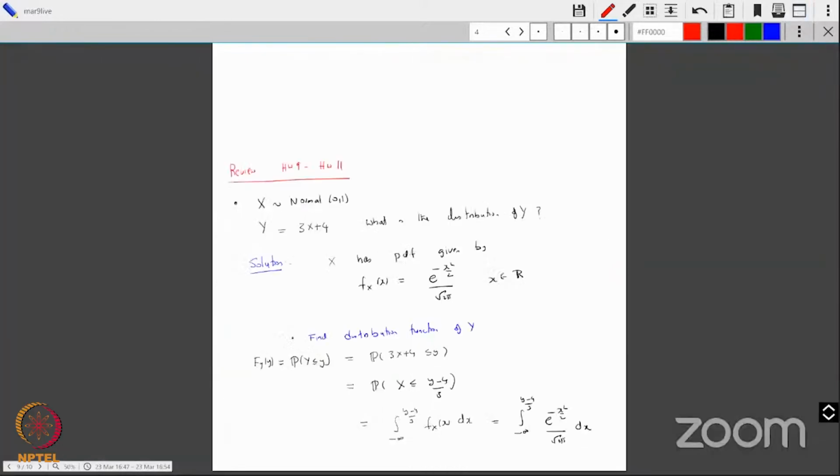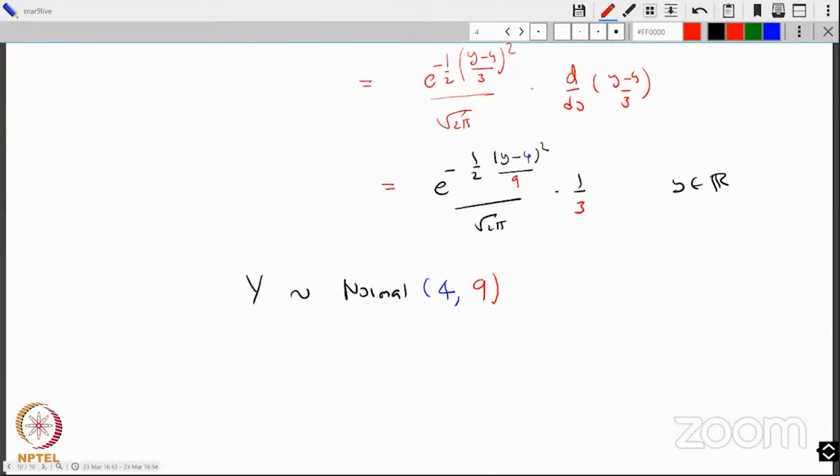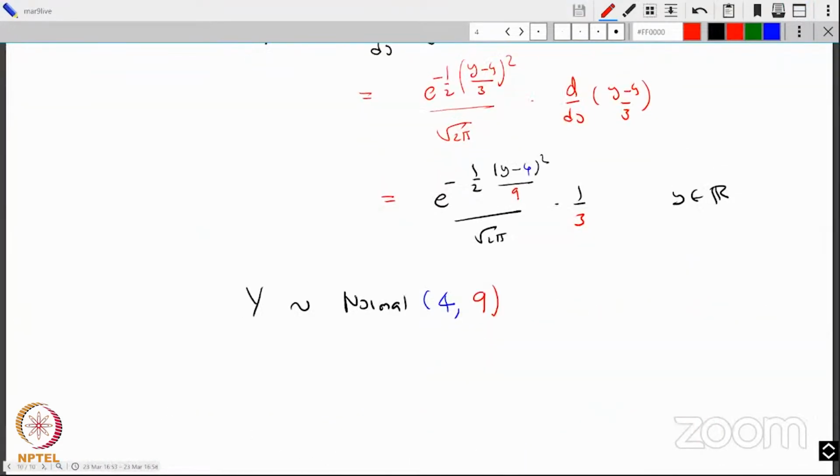And the reason why we can do that is that we know the density of a normal with parameters mu and sigma squared. Suppose you have a random variable w. This is a fact we used, right?